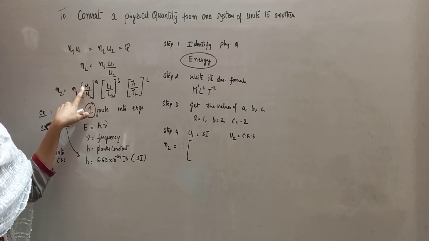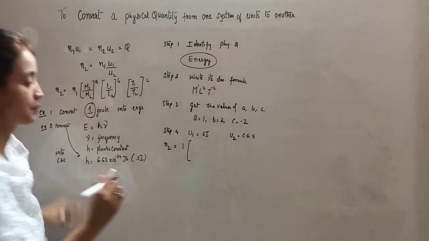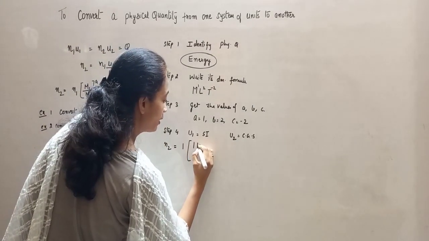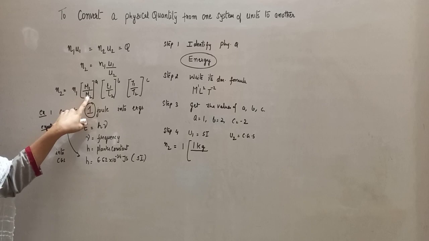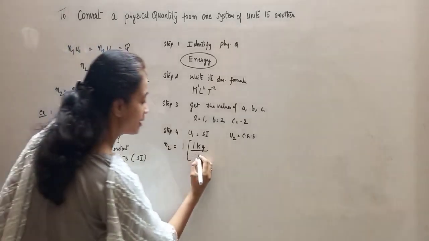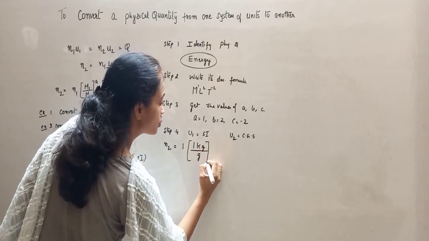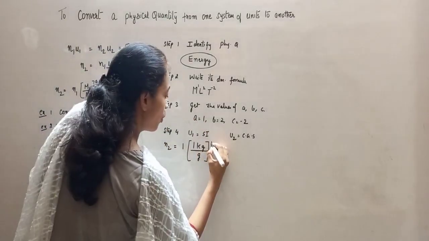It is represented in kilograms. So I'll write 1 kg divided by M2. How do we represent mass in the CGS system? Grams. So I'll write grams raised to the power A. The value of A I got is 1.